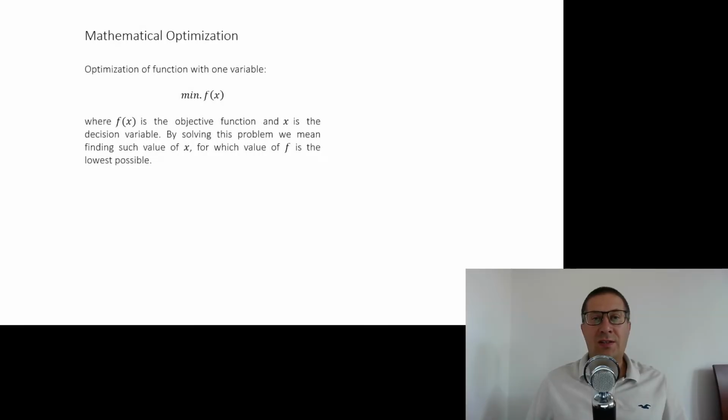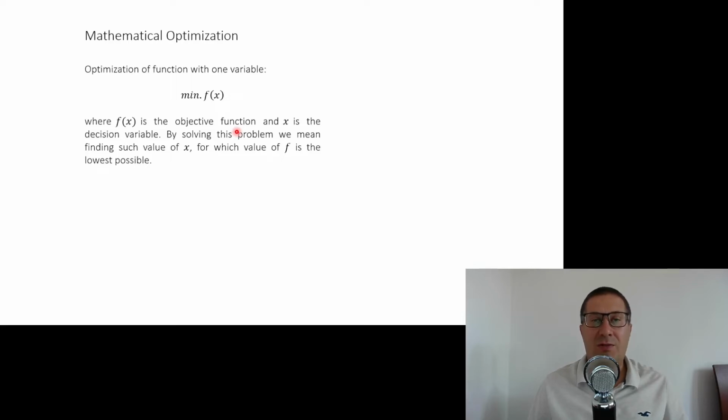So let's see the simplest formulation of the optimization task. At the beginning, we'll focus on the optimization of a function with one variable. Our goal is to minimize or maximize the function, and x is the decision variable.